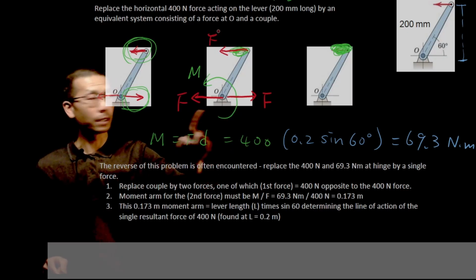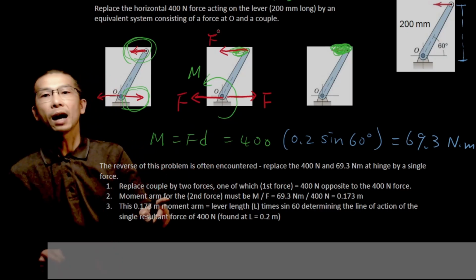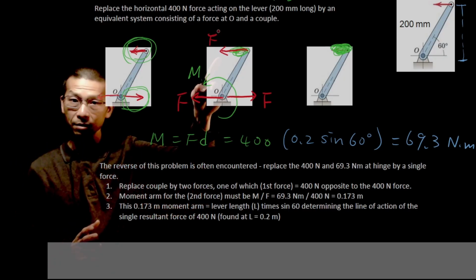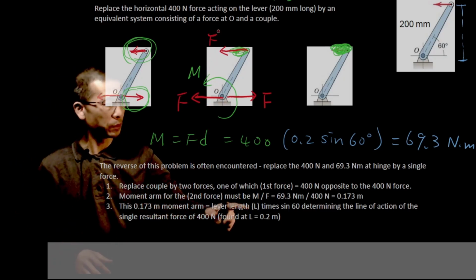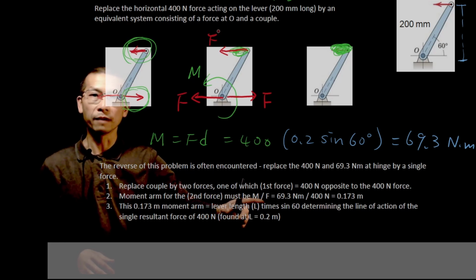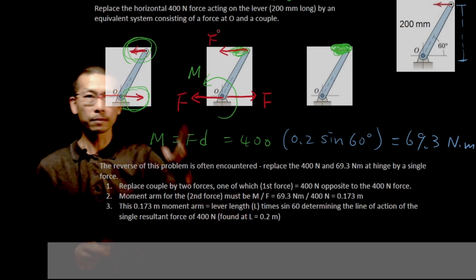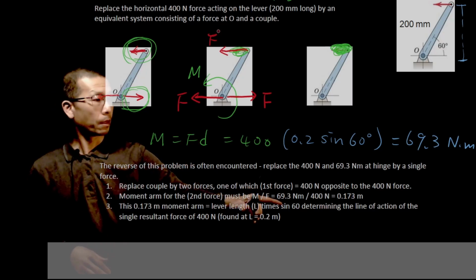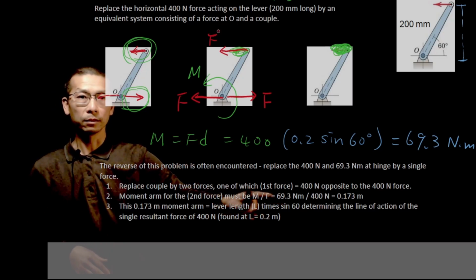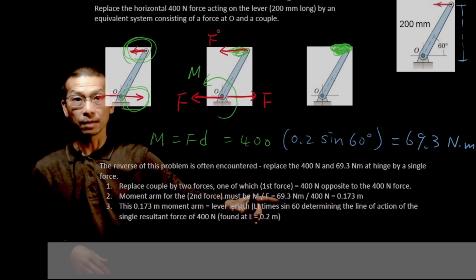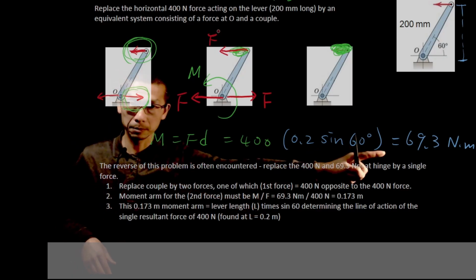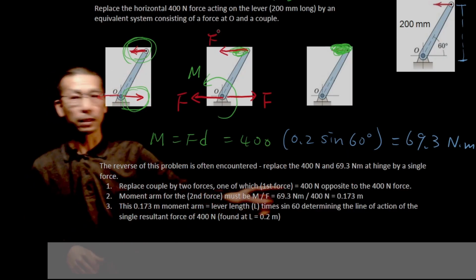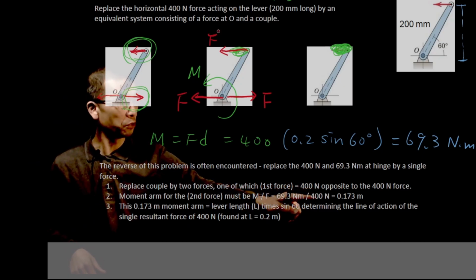And the moment arm for the second force, for this top force here, has to be the moment divided by the magnitude of this force, which is the ratio 69.3, that's what we calculated, divided by 400 newtons.